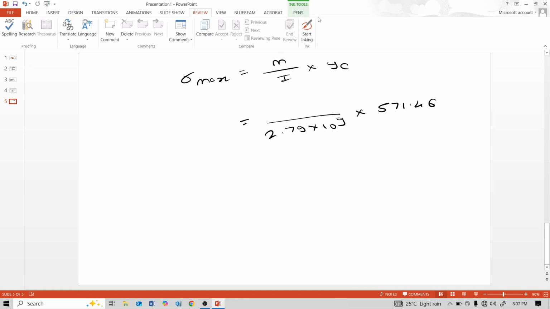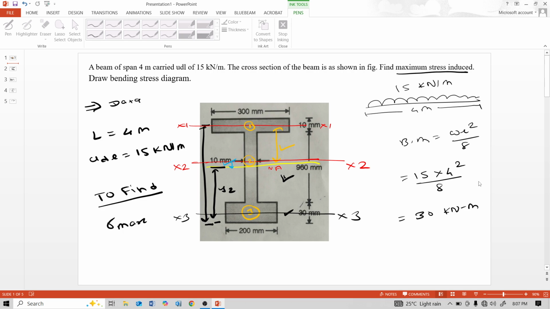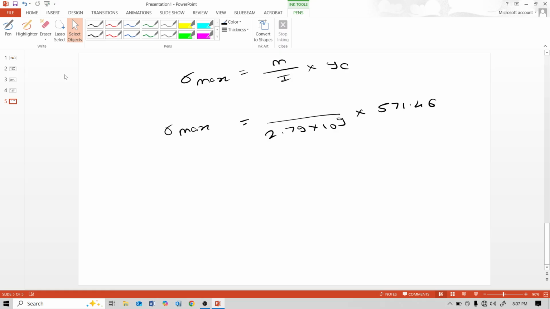And we have to calculate this sigma max in Newton per mm square or in MPa. So this 30 kilonewton meter is converted into Newton mm. That means 30 into 10 raised to 6 Newton mm.